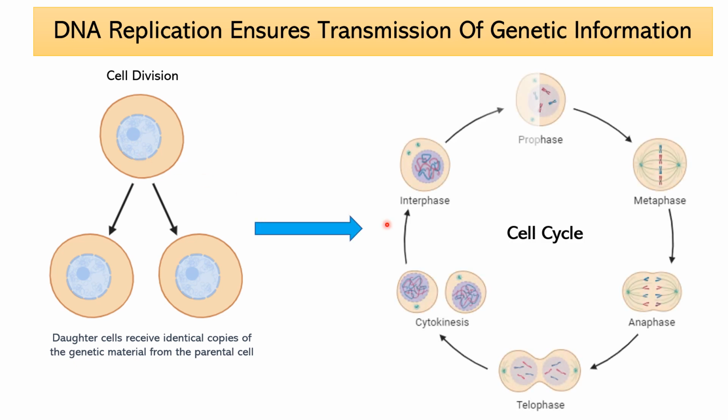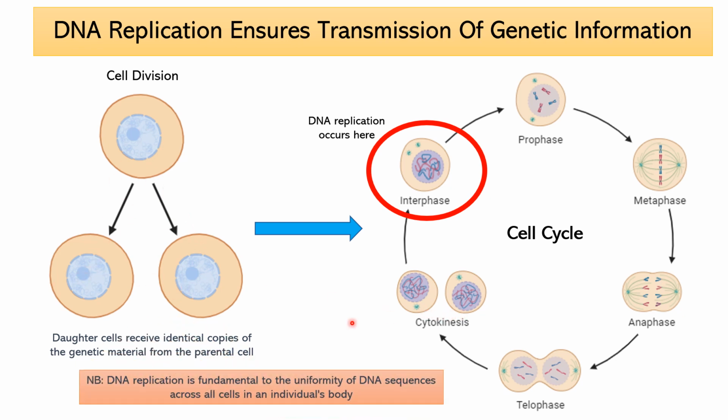This process is called the cell cycle. What we are interested in today in this tutorial is this stage of the cell cycle, called the interphase, because this is the stage where DNA replication occurs. This is the stage where the parental cell will duplicate its DNA, or genetic material, and then be split into 2 new daughter cells.